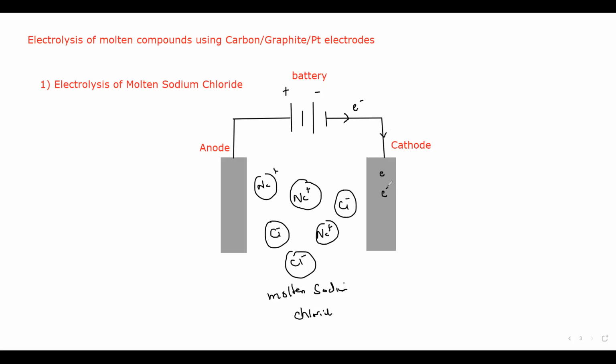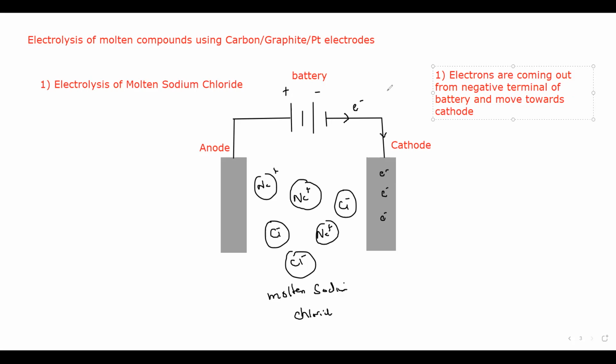So first step, electrons are coming out from the negative terminal of the battery, and they will move towards the cathode.